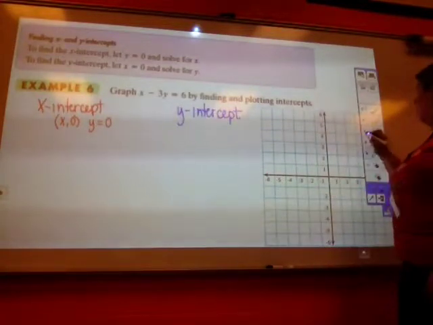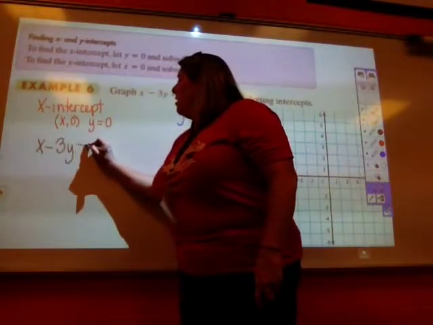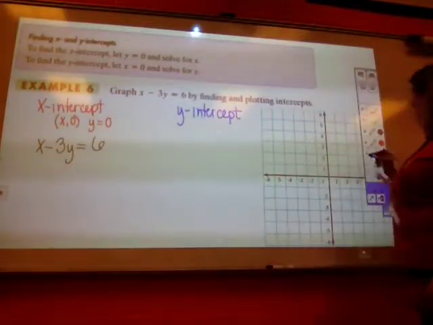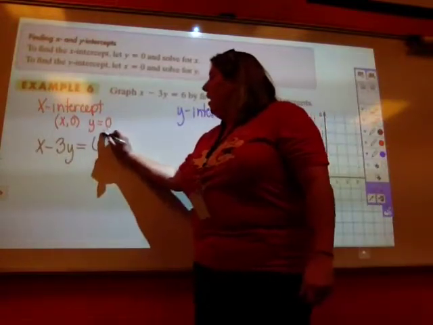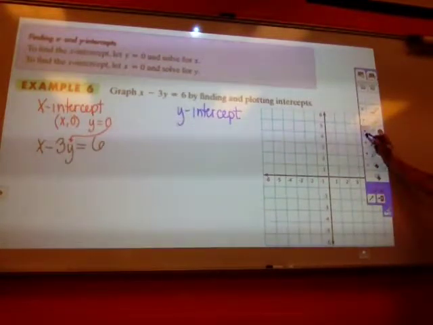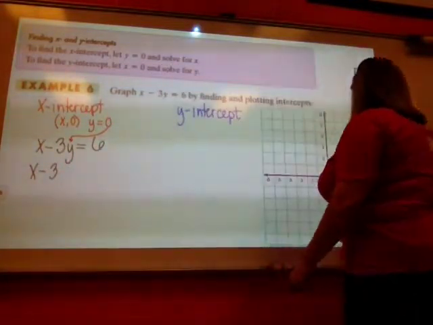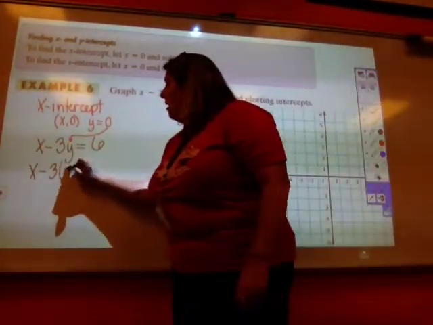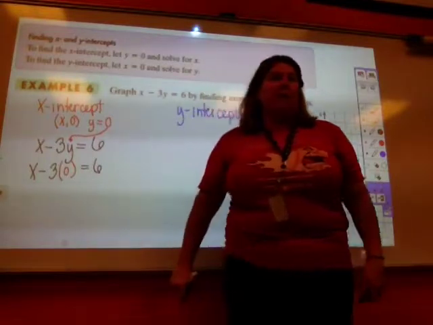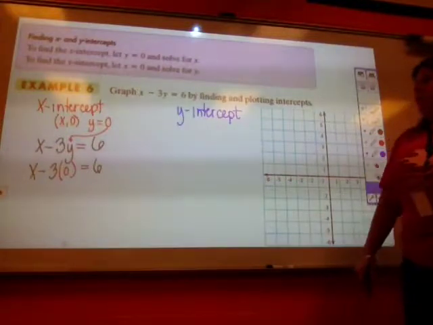I'm going to take the equation that it gave me, x minus 3y is equal to 6, and instead of y, I'm going to use a 0 right there. So let's do that on our paper. We're going to keep our x, keep our minus 3, only instead of a y, it's times 0, and that still equals 6.